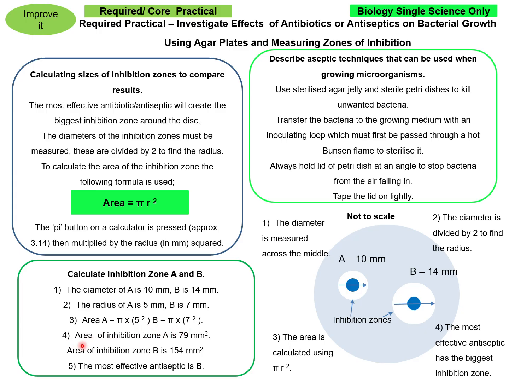So number 4, the area of inhibition zone A is 79 millimetres squared, and the area of inhibition zone B is 154 millimetres squared. So number 3 has just been worked out in the calculator to give those numbers. And then 5, the most effective antiseptic is B because it's got the biggest inhibition zone.